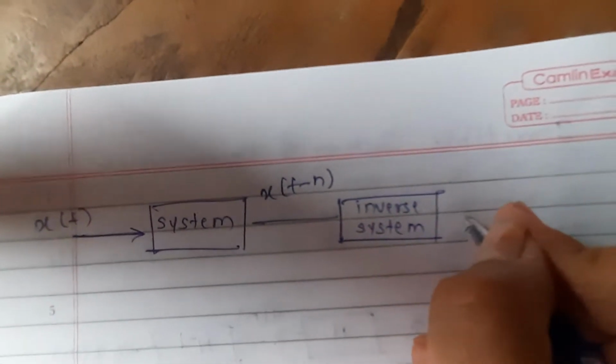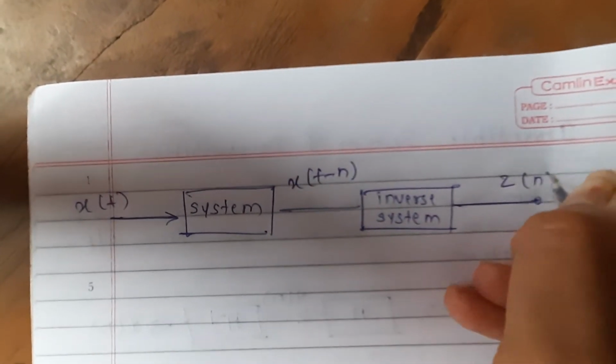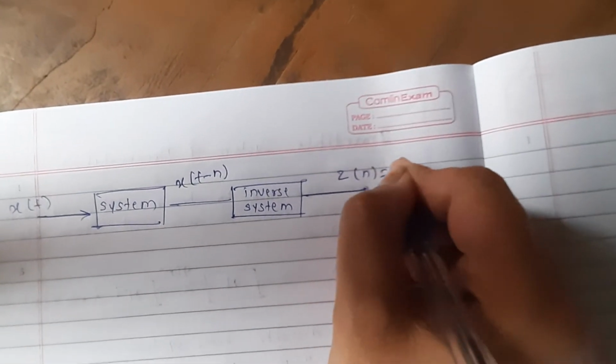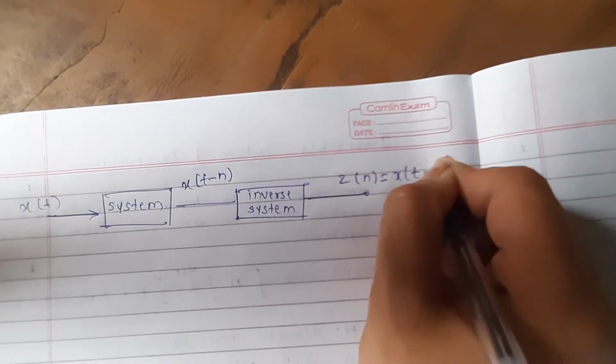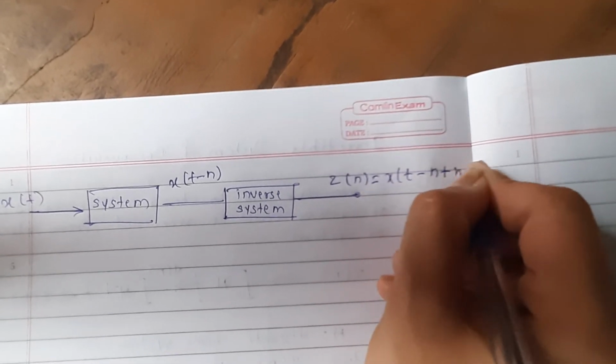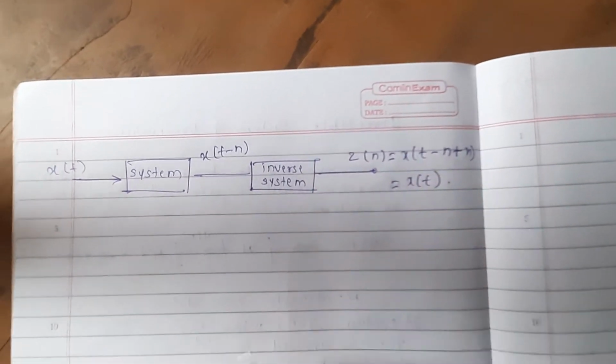This is the inverse system. We denote its output by z of t, that is equal to x of t minus n plus n, that is equal to x of t.